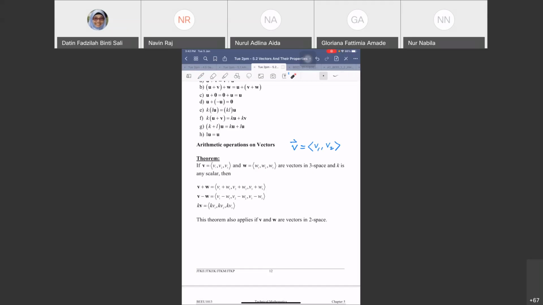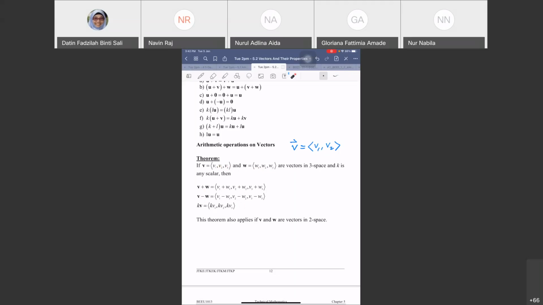So in this theorem, you have these two vectors given in terms of their components. When you want to add or subtract, you just add or subtract the corresponding components. That means V1 and W1, V2 and W2, V3 and W3.